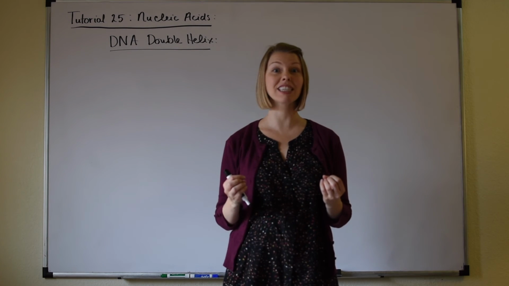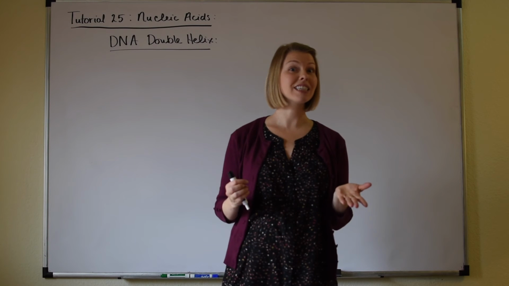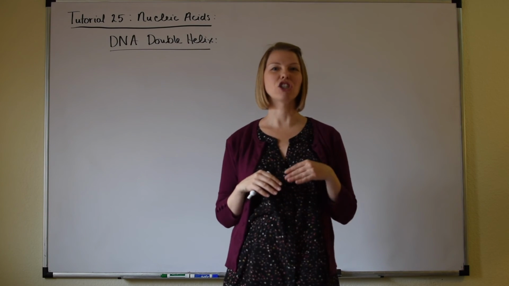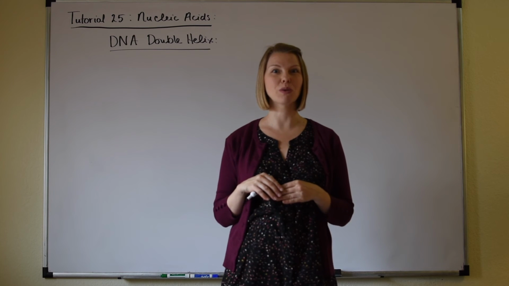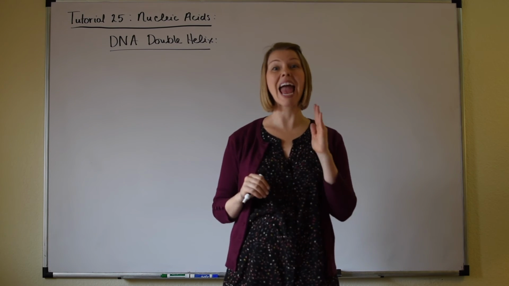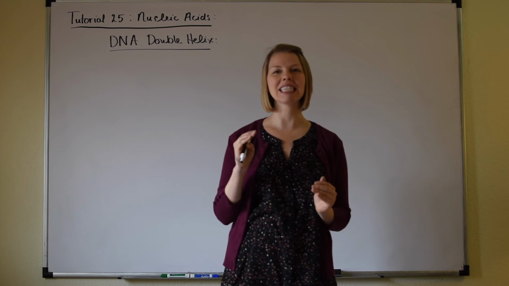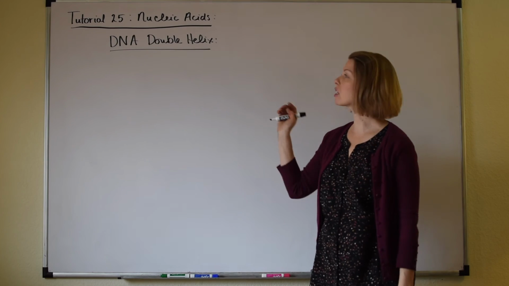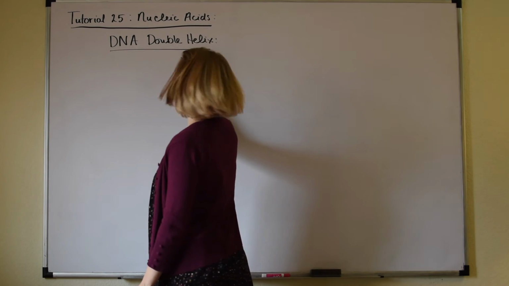So you're not going to see T hydrogen bonding to C and G hydrogen bonding to A, okay? It always has to be A to T and C to G. Again, no other combination will work. So let's write those points up here on the board.